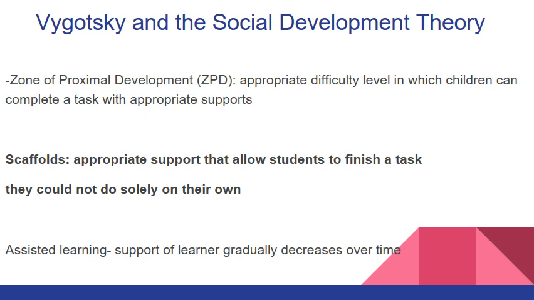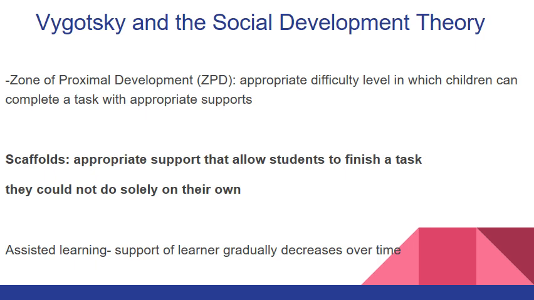For it to be the appropriate zone or the appropriate level of difficulty, children should be able to complete the task with some supports from their teacher or peers, as well as supports from some intellectual tools or resources.